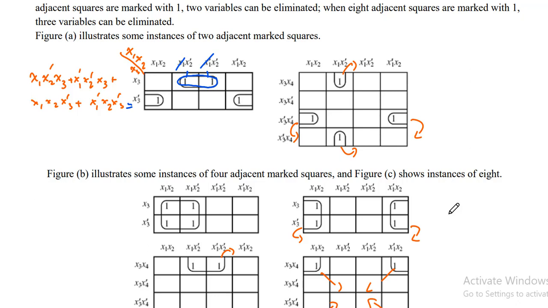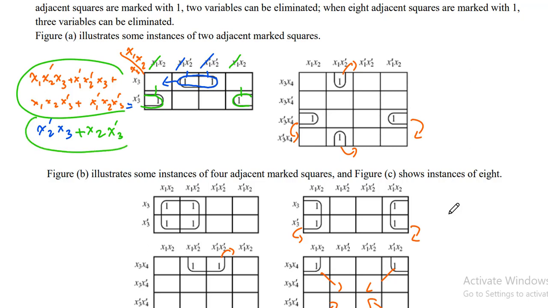What's left? x2 not and x3. Similarly, I'm going to change my color. This group, you look up, and what's changing? x1 again changes from x1 to x1 not. They're going to cancel. And what's left is x2 and x3 not. And that's how we go from this expression reduced to this one here.